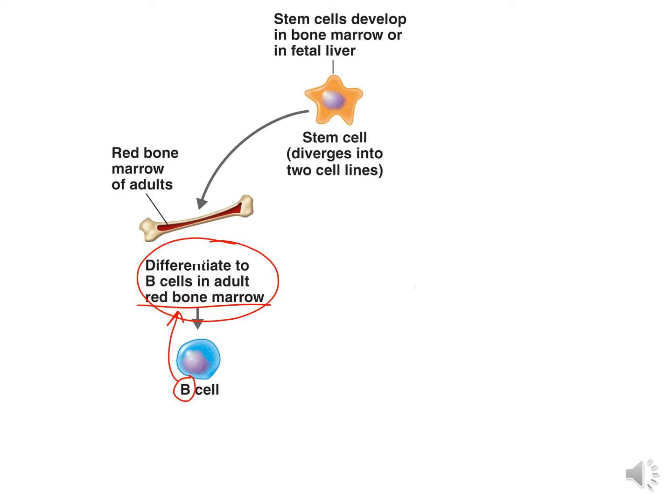During maturation, there is a really important event that occurs, and that is called genetic shuffling. Genetic shuffling is an important event that occurs during the maturation of B cells. And the genes that are actually being shuffled and randomly selected are the genes that encode the variable region for the heavy chain and the variable region for the light chain.